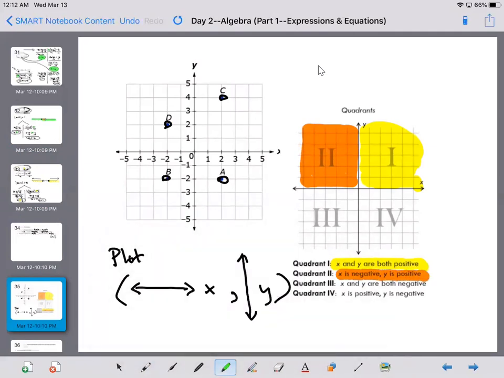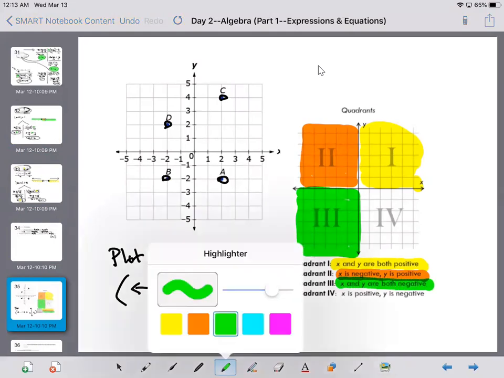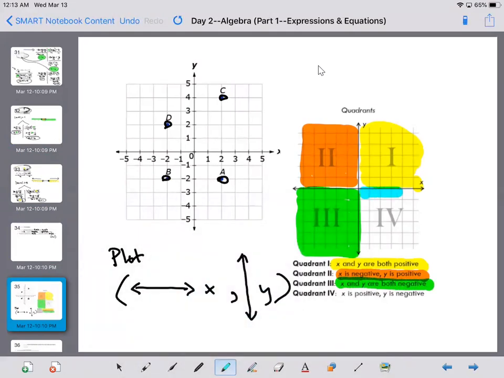In quadrant 3, notice that X and Y are both negative. And then quadrant 4, X is positive, but Y is negative.